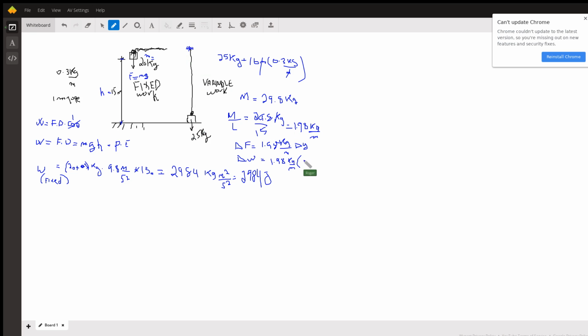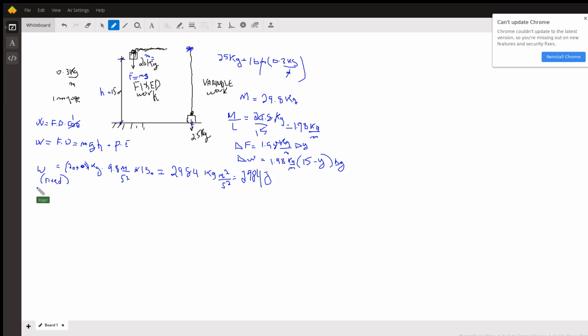So it will be times 15 minus y, delta y. Okay. So we need to integrate this value here on what? We need to integrate from 0 to 15 meters. So the bounds of this integration is going to be 0 to 15 meters.